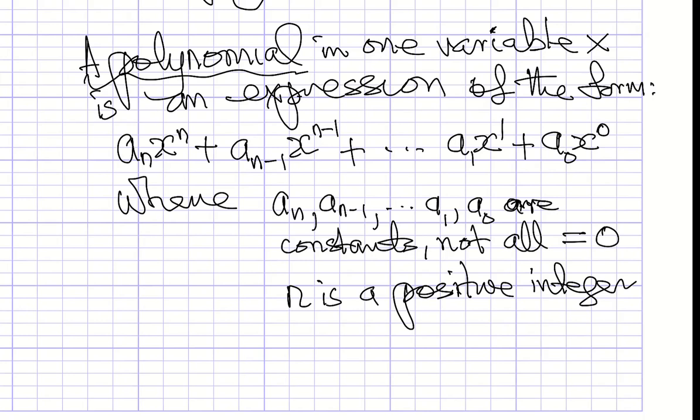I will explain all that, and then you keep going until you get to a_1 times x raised to power 1, and then a_0 times x raised to power 0.